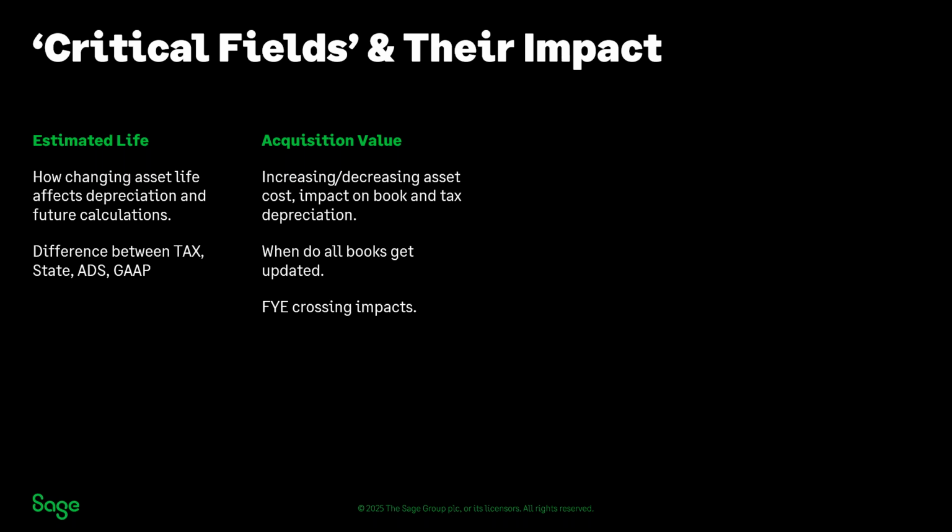One of the other things that I've noticed and had conversations about not too long ago, because we just got through, for most of the world, not everybody's on a calendar year end, but for those that are, we just went through tax end, right? So year-end tax end. And some people found, when they were doing their year-end cleanup, that they had assets that should have been placed in service back in November or December of 2024, but here we're in February, March of 25.